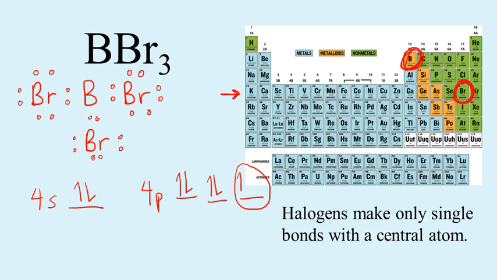Because one exception to the octet rule is that halogens can make only single bonds with a central atom. And so, as it turns out, boron is just going to have 6 valence electrons instead of the octet. And so, if you ever have a case with a halogen, remember that they cannot be double bonded.